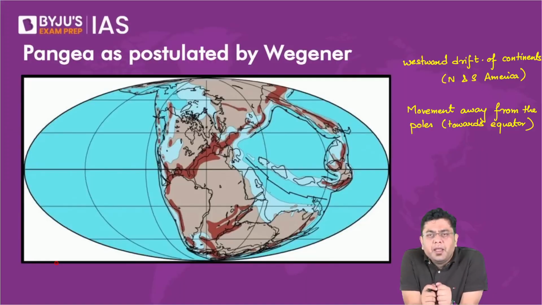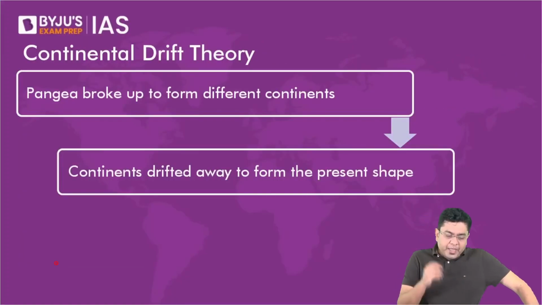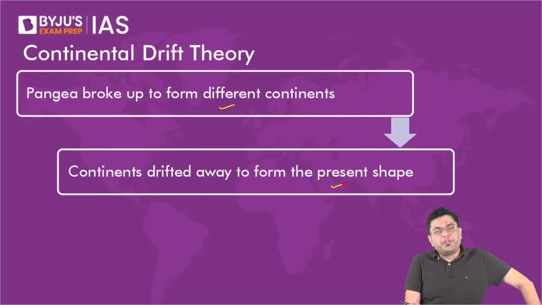But then, before directly jumping into the reasons cited by Wagner, in order to provide the reasons, he made certain assumptions. And we will take a look at the assumptions cited by Wagner. So, Pangaea broke up to form different continents, and continents drifted away to form the present shape.